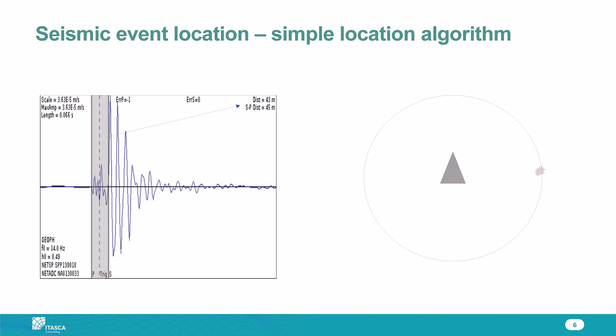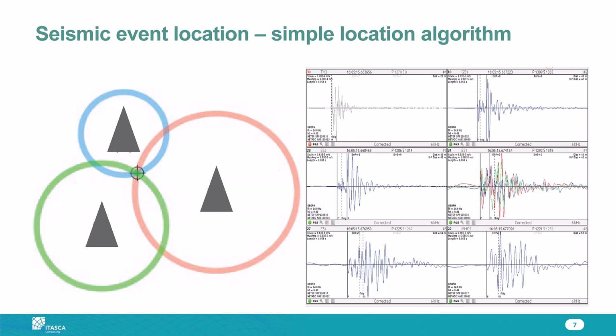I'm also going to skip over how we locate seismic events, but I do want to make the point that when we look at seismicity, whether you're a consultant looking at seismic events from a client, or you're at the mine looking at seismicity, do not necessarily trust the event location. There are so many assumptions that, first of all, go into locating the seismic event, and secondly, once we do have a location, for example, how close the event locates to excavations, how the ray paths that the waves traveled.